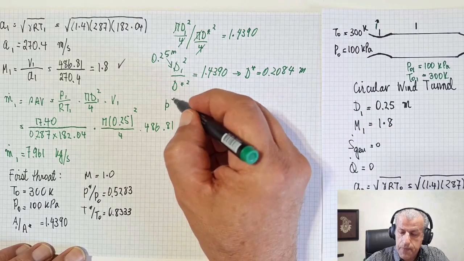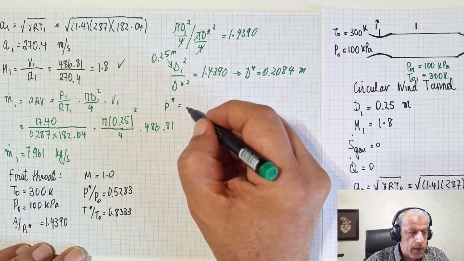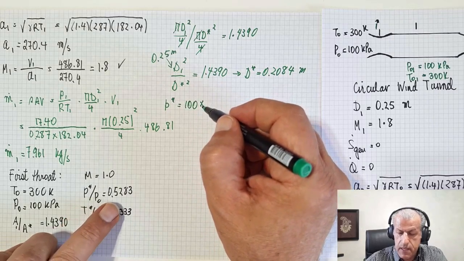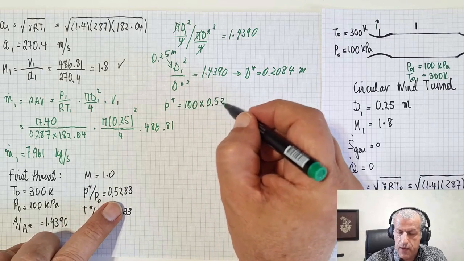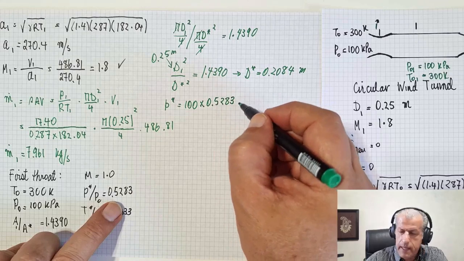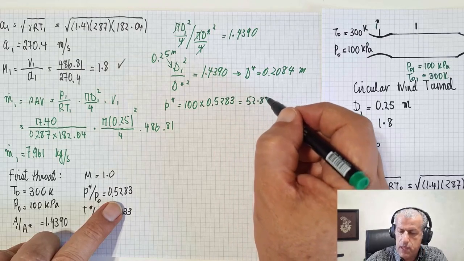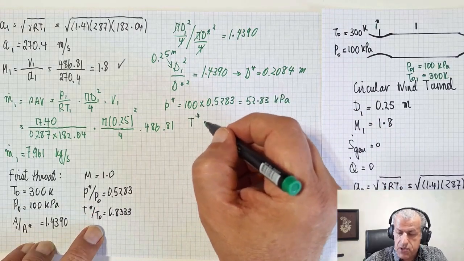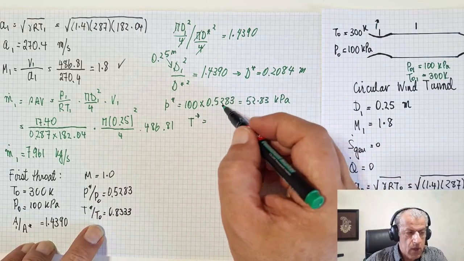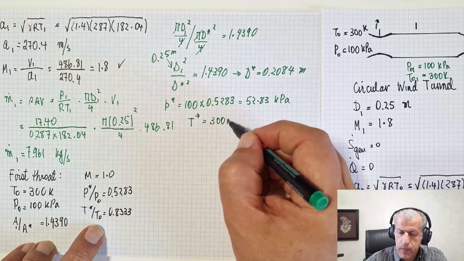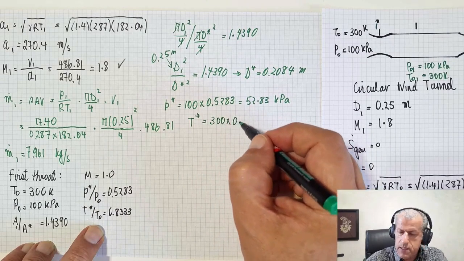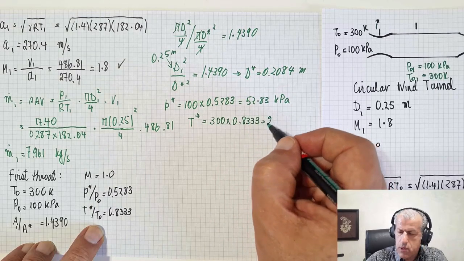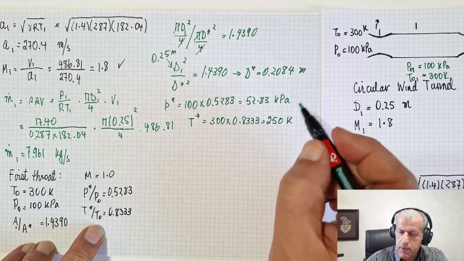P star equals P0 times this value, 0.5283, and that would be 52.83 kilopascal. T star, the static temperature at the throat, would be 300 times 0.8333, and that would be 250 Kelvin.